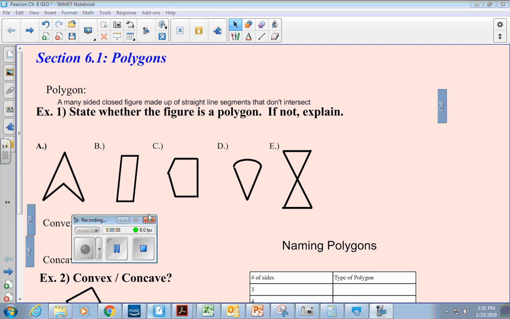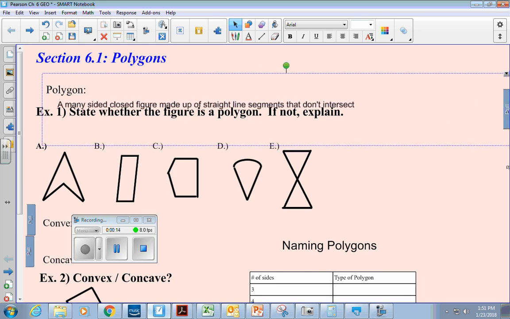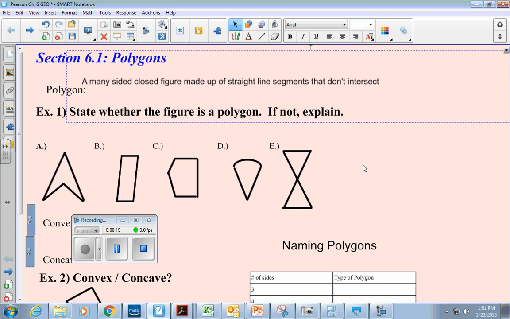Okay, so a polygon is a many-sided closed figure made up of straight lines that don't intersect.